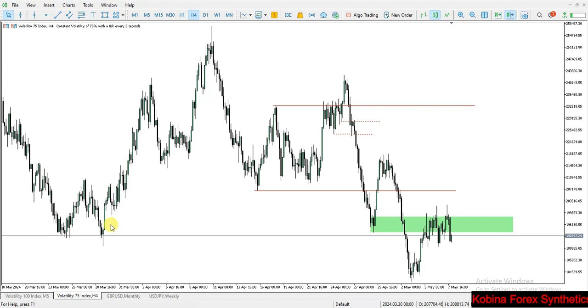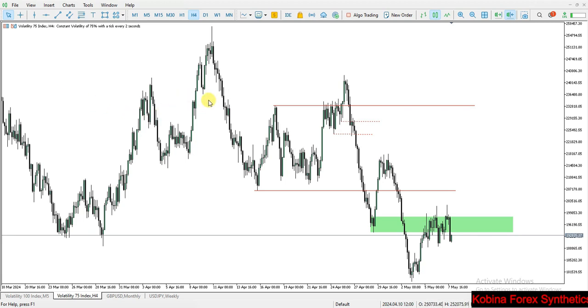If you are a trader of volatility synthetic pairs, you may watch this video, or if you trade currency pairs, you may have to watch this video to educate yourself on how you can trade dealing ranges. Okay, so today's video is going to be brief and simple and quick, and then we move on to another session. All right, so quickly let's look at what dealing ranges are.